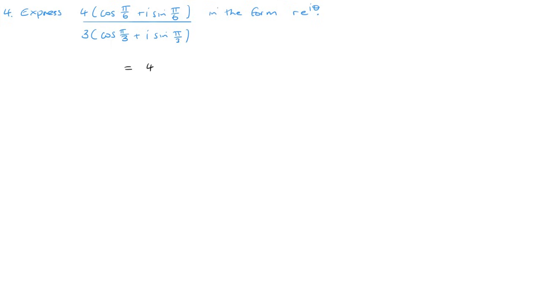Again, we want to first change it into its exponential form. So that's 4e to the pi by 6i and 3e to the pi by 3i. So that's 4 over 3 e to the pi by 6 minus pi by 3.